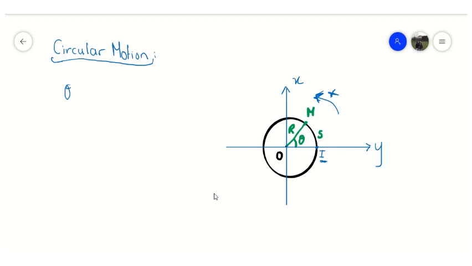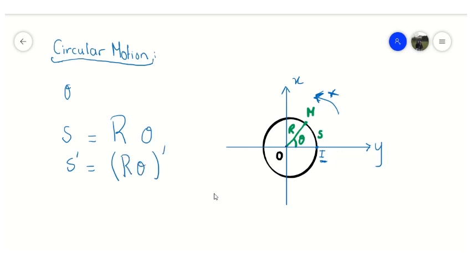First of all, we have a relation between the curvilinear abscissa S and the angular abscissa theta, which is S equals R theta, where R is the radius of the circle. If we derive S with respect to time, ds by dt, we have to derive R theta with respect to time.